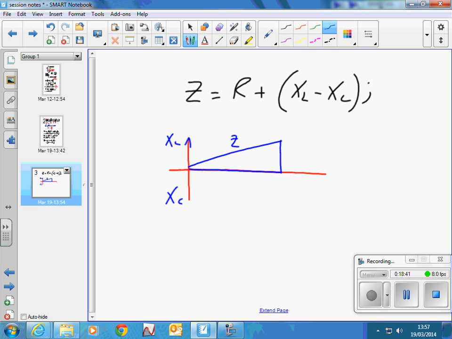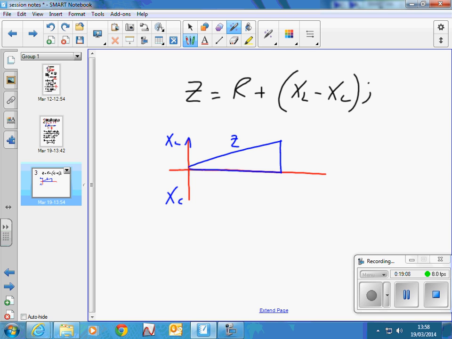So in our case, actually the triangle is going downwards, isn't it? But it could easily be going upwards. It could easily be going that way. In fact, in our circuit it is, isn't it? So the overall impedance actually was way down here somewhere. The real part of the circuit was very small. All the effect was due to the reactance, which gave us a very large total impedance, didn't it?